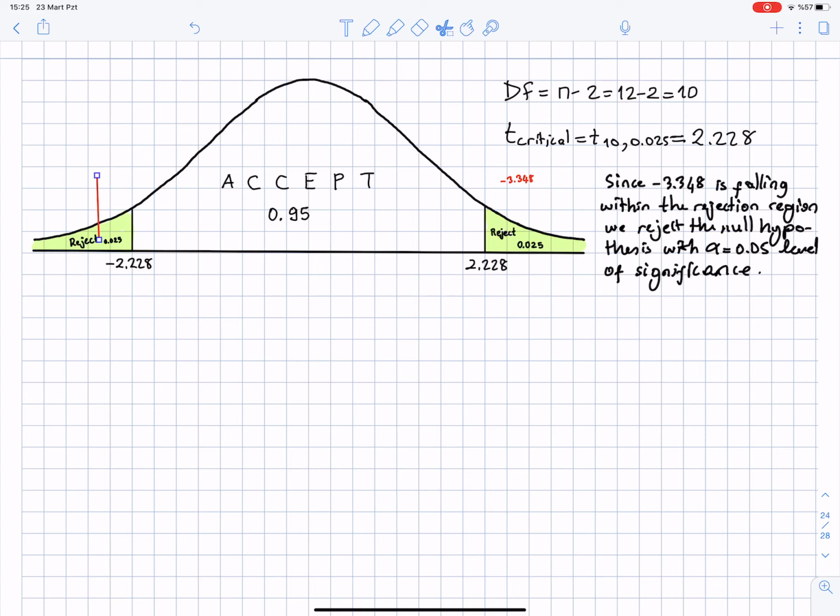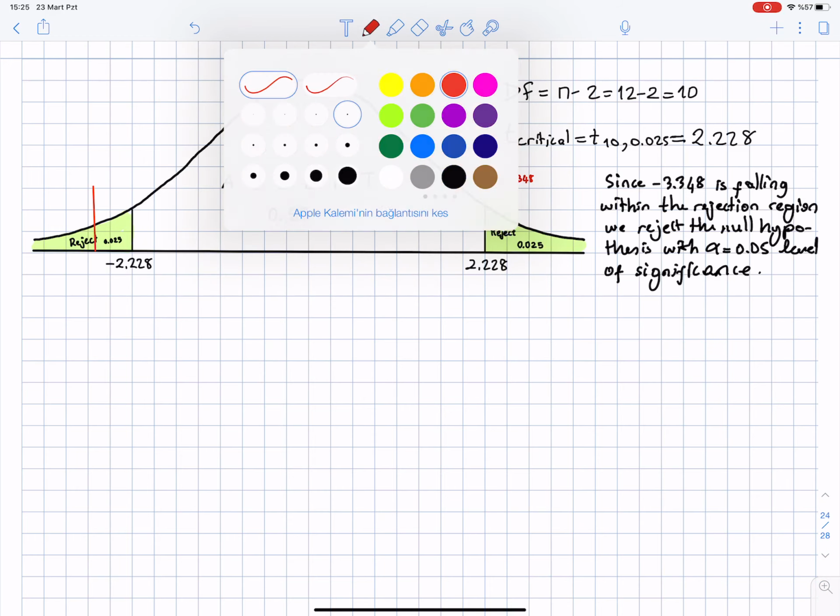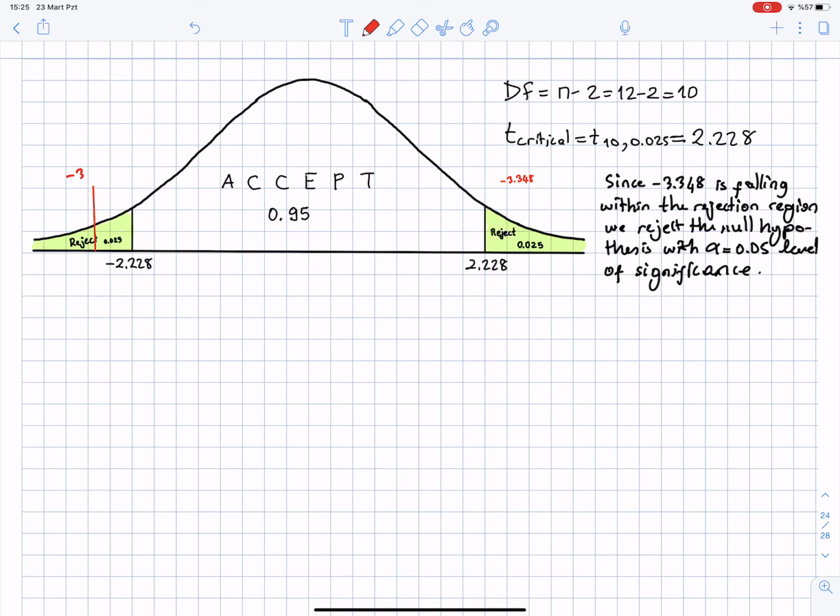I'm going to place it here. This is minus 3.348. Within the rejection region, we reject the null hypothesis.